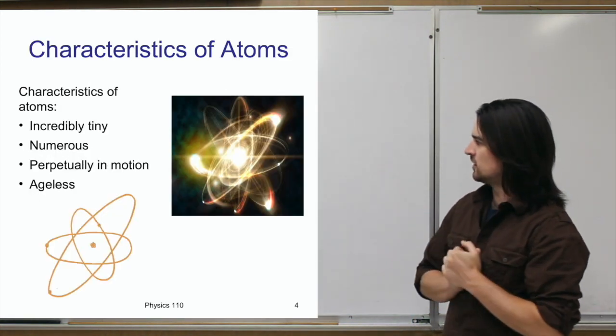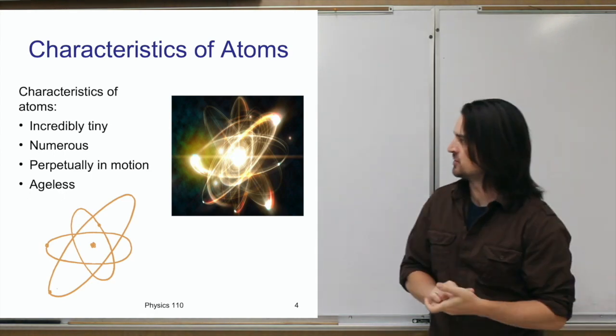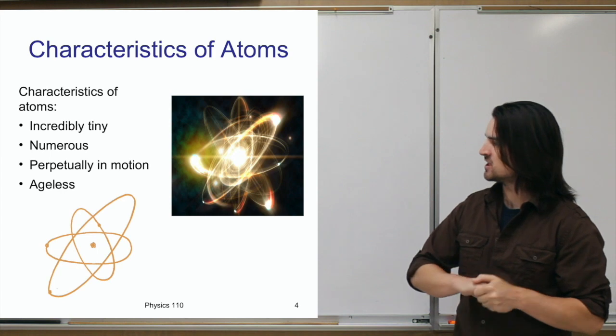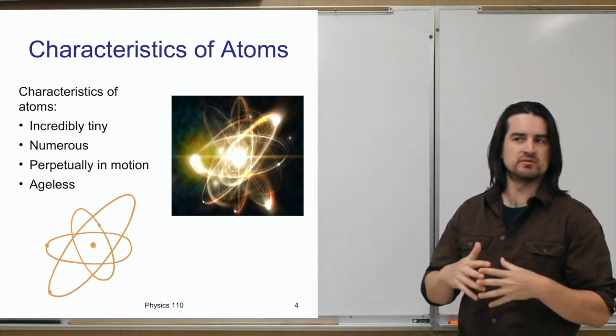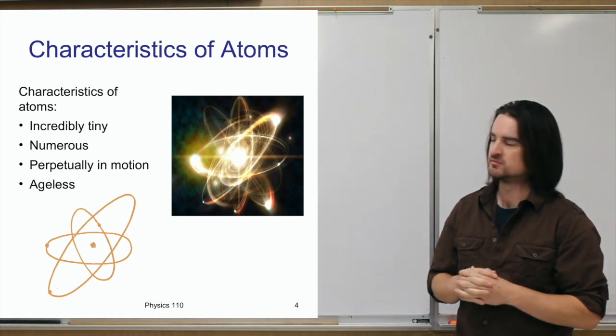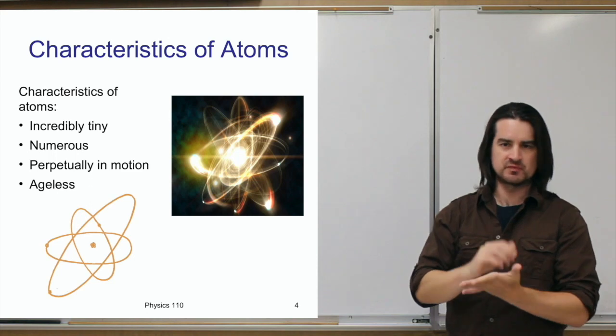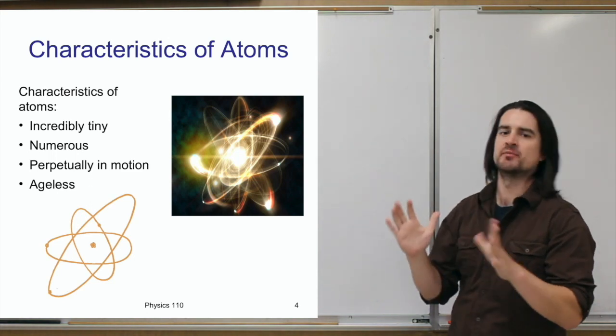Okay, so there are a few characteristics of atoms, each pretty important to keep in mind as we talk about atoms and matter and the different types of matter. For one, as I mentioned a couple of times, they are incredibly tiny, almost unimaginably tiny.